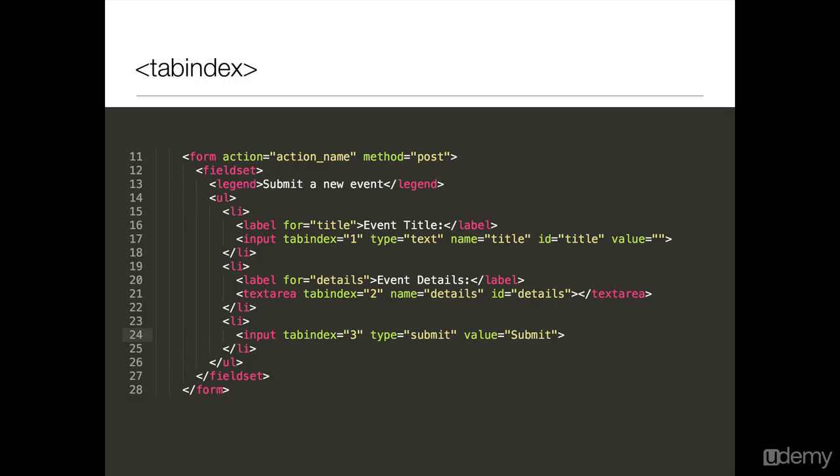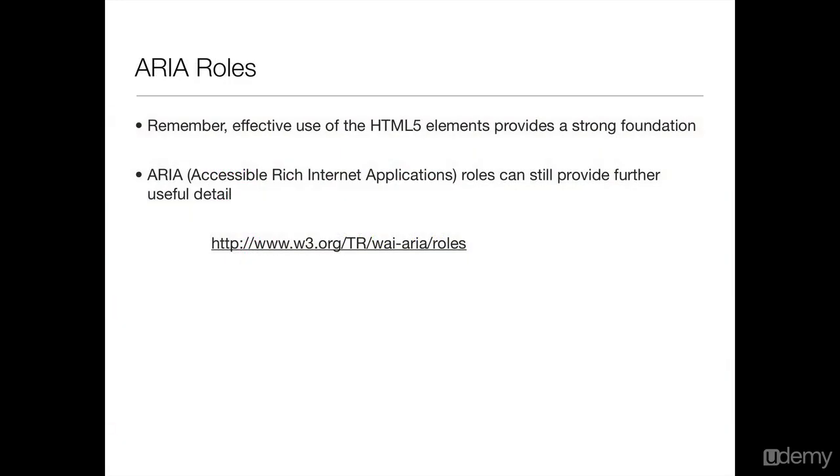There is another technique which is often recommended. My feeling again is that its need is gradually being reduced by HTML5 and evolutions of HTML, as HTML contains more semantic content, but these ARIA roles, ARIA for Accessible Rich Internet Applications, can still be useful in terms of providing extra detail.